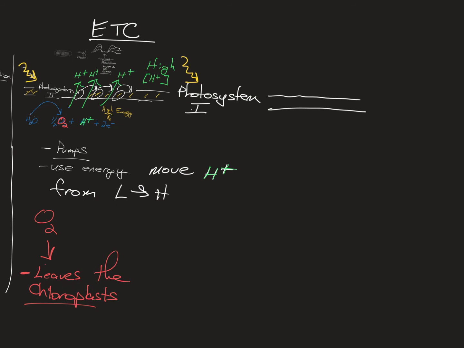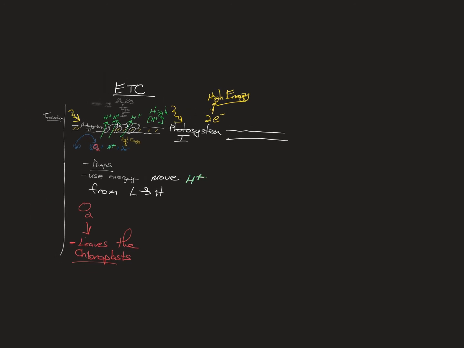That's the question: what's the last electron acceptor? It got the energy here. Now you have two high energy electrons. Does anybody know what takes those high energy electrons? Where are those electrons going?